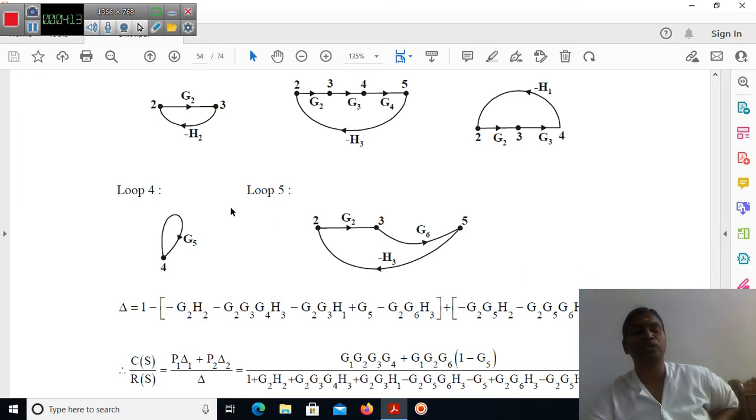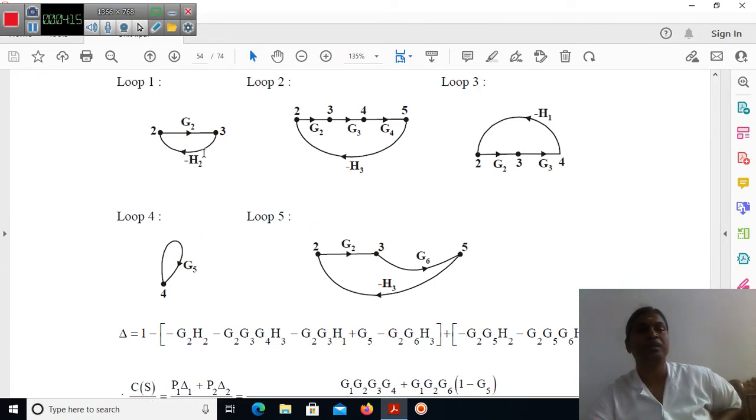Next we have to find out the two non-touching loops. Here the first loop is compared to all the other loops. It means the G2, minus H2 loop, has points 2 and 3. Compare with loop 2: the gain G2 is repeating. In loop 3, G2 is also repeating.